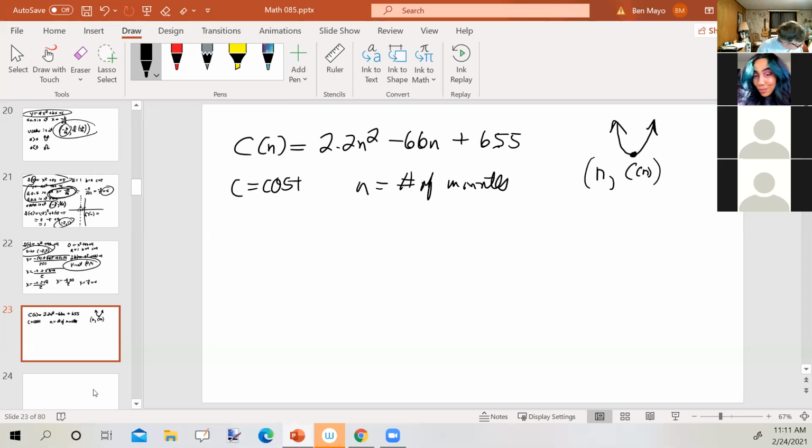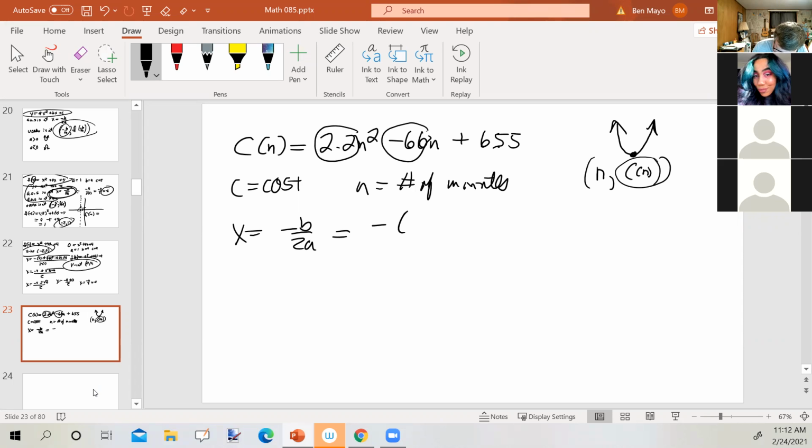We want to know for what number of minutes is the cost of running the machine a minimum. So we want the minimum cost. We want the minimum C. We want the C value of the vertex. Well, let's find the vertex. X equals negative b over 2a. B is that, and a is that.